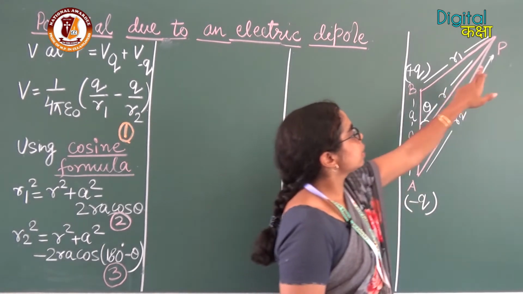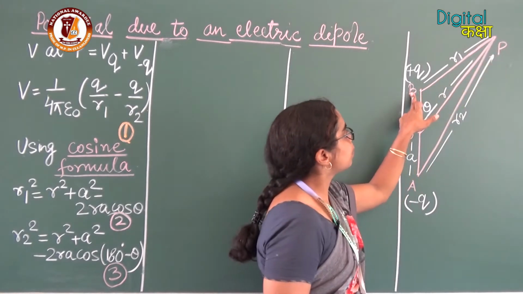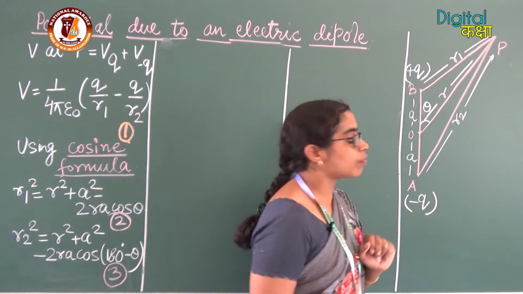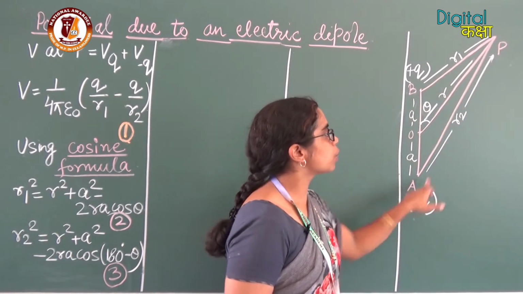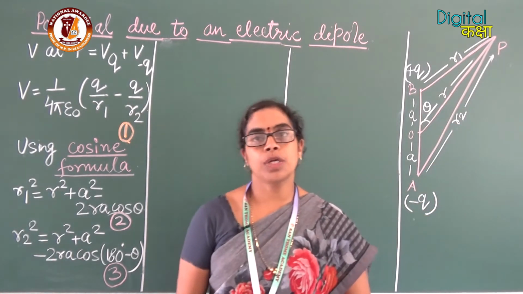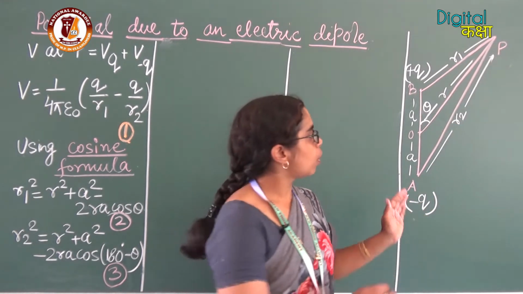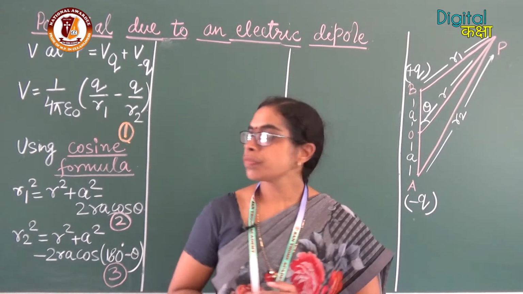Also, the distance of point P from the charge plus Q is taken as R1, and the distance of point P from the charge minus Q is taken as R2. So this is what we have understood from the diagram.